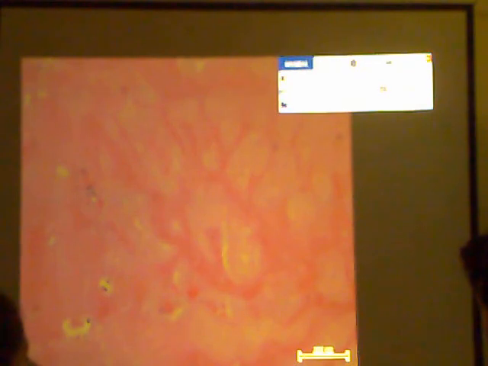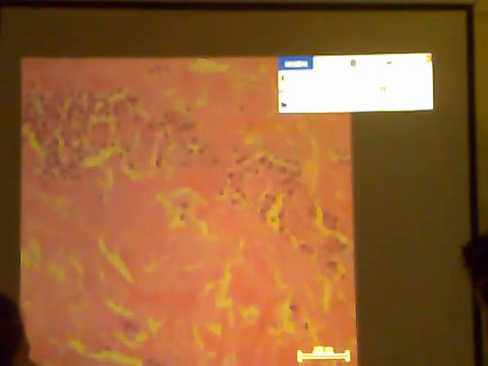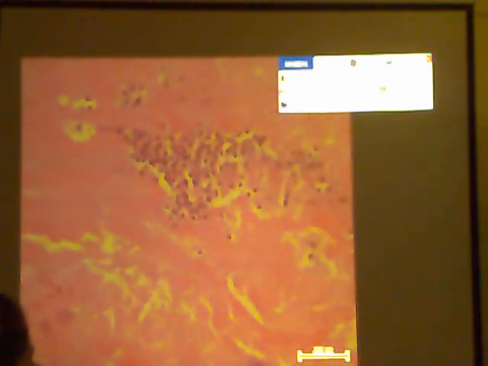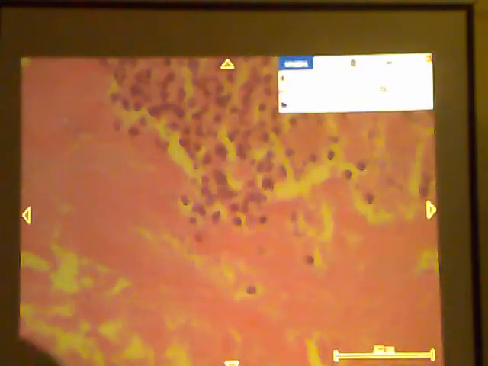Okay. So, can you identify this slide? Okay. Inflammatory cells. Right?